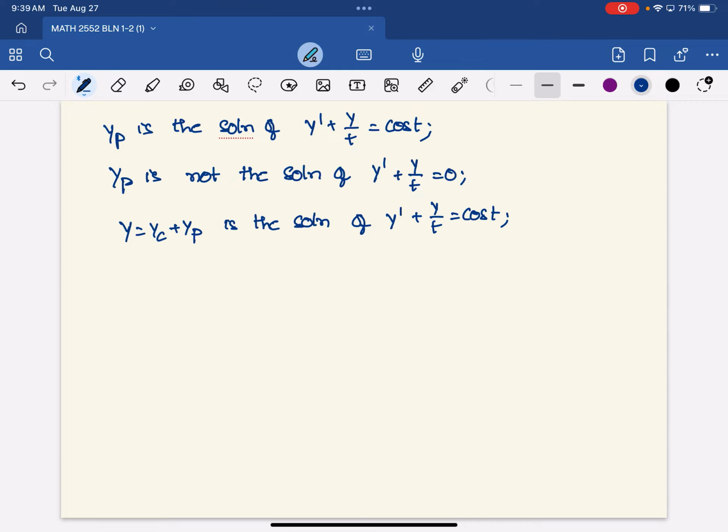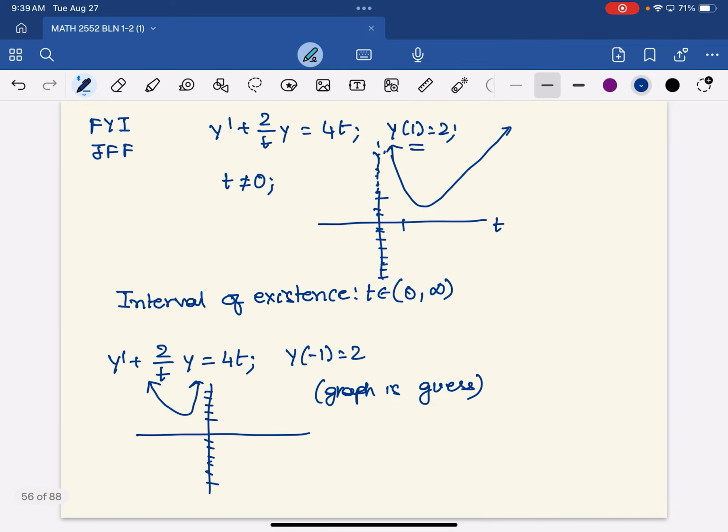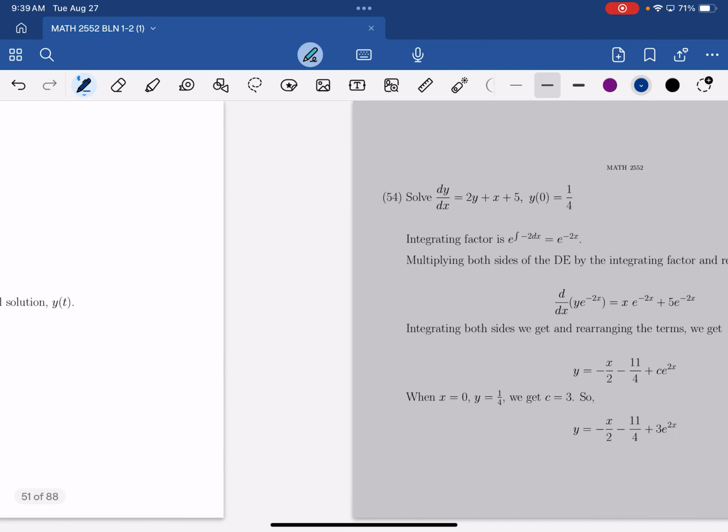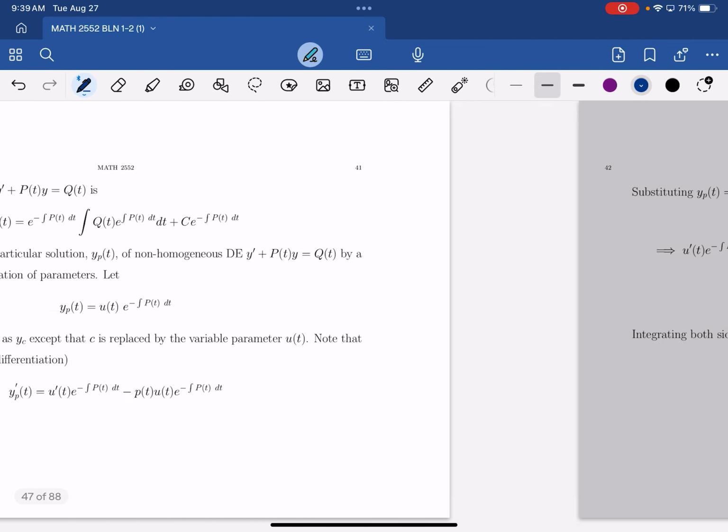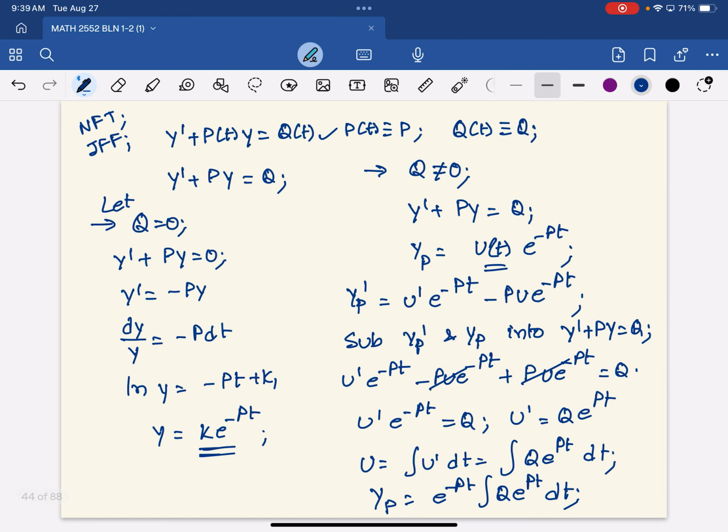Now, why is it happening? It is just by the construction. I'm not going to go over the proof all over again. We very briefly did the proof. When I said q equals 0, q is the right hand side, I got an exponential term where k is an arbitrary constant. Whenever I get an arbitrary constant, that's the solution of the homogeneous differential equation.